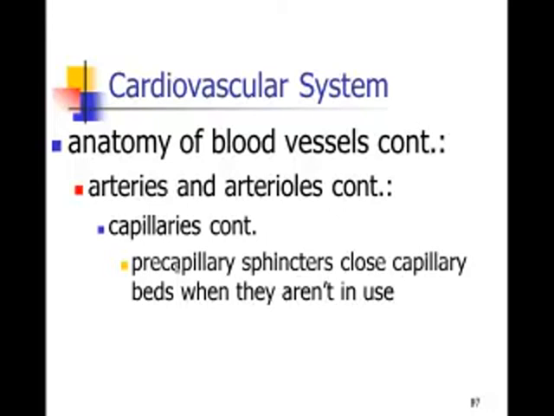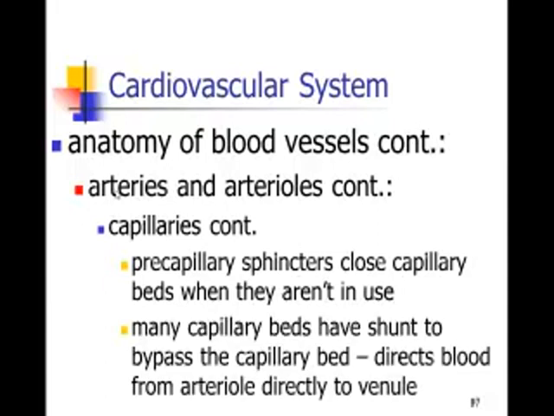But then when they start to fatigue, because their oxygen levels are dropping, then they relax and the blood goes into that area. So this is kind of a neat and simple way of directing blood into areas that need the blood the most.